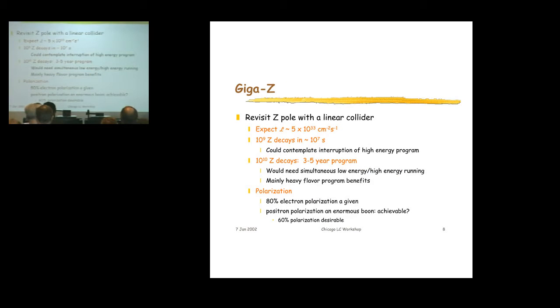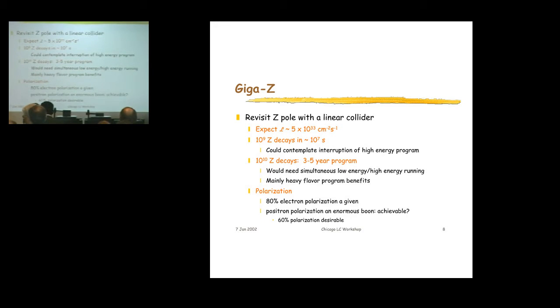So enter GigaZ. Essentially, the idea here is to revisit the Z-pole with a linear collider where, with the luminosity that you expect, you can get about 10^9 Z decays in about a Snowmass year. And so you could actually contemplate the interruption of a higher energy program to come back and do the precision measurements over again at the Z. If you wanted to get something more like 10^10 Z decays, that would be a 3 to 5 year program.